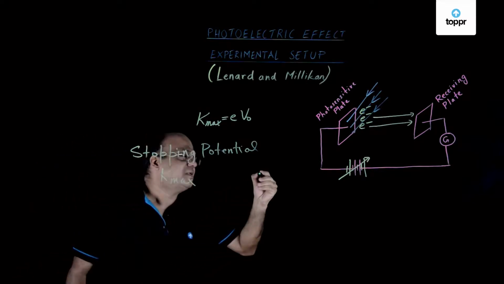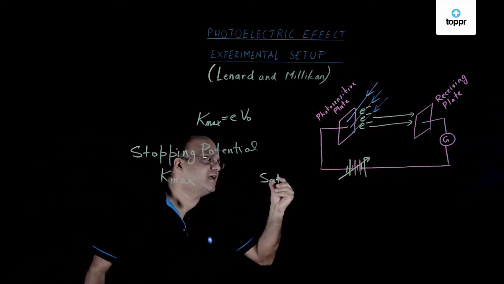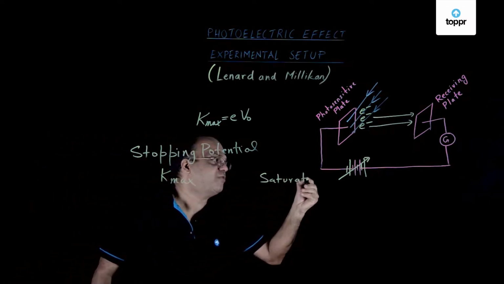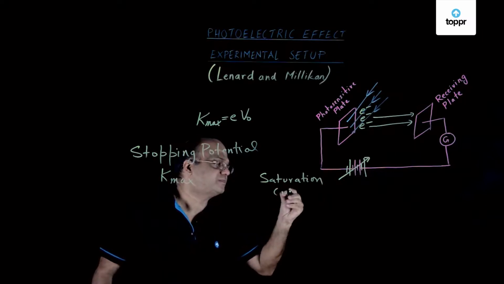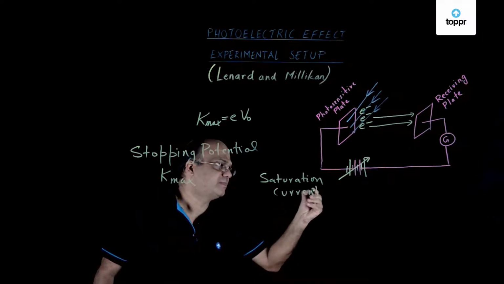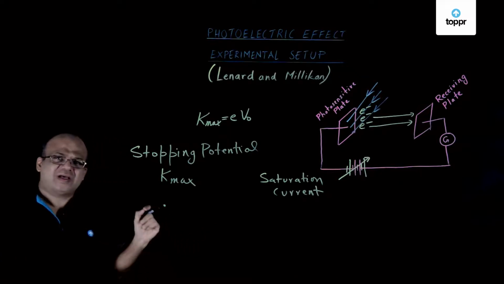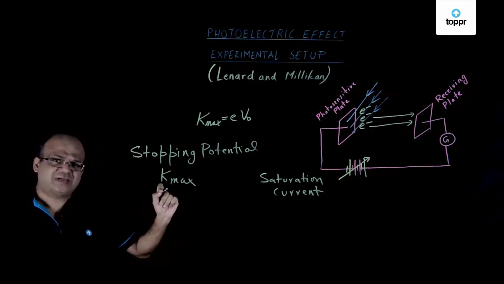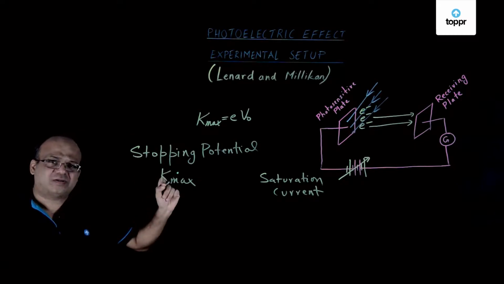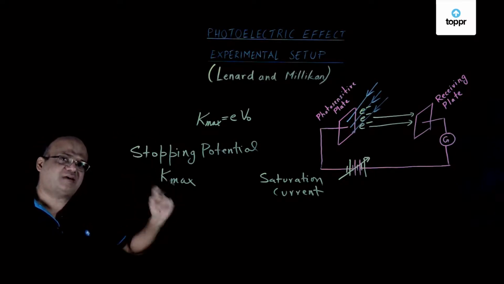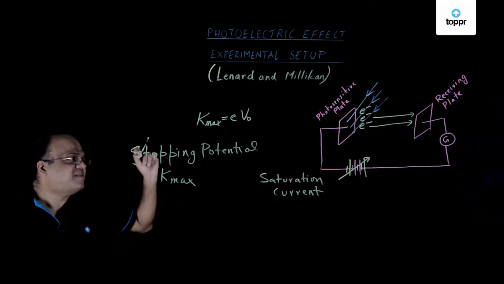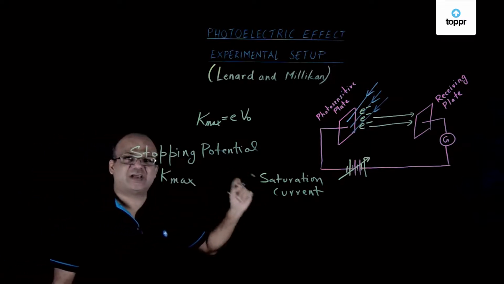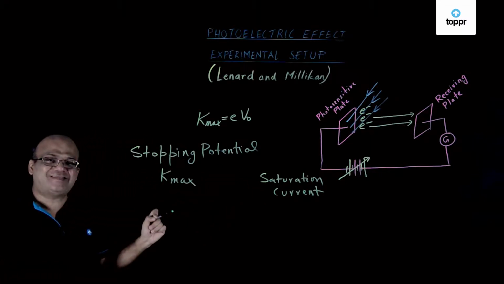So that saturation current is a measure of the number of photoelectrons. Now, this stopping potential depends on the frequency of light and saturation current depends on the intensity of light.